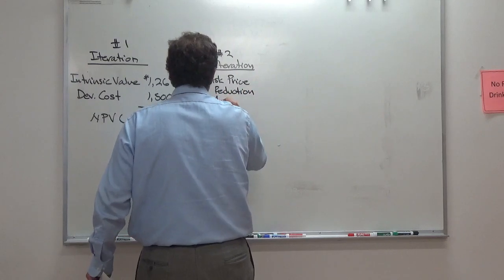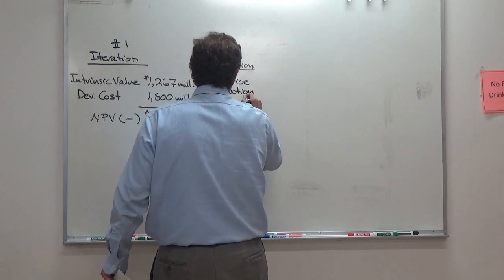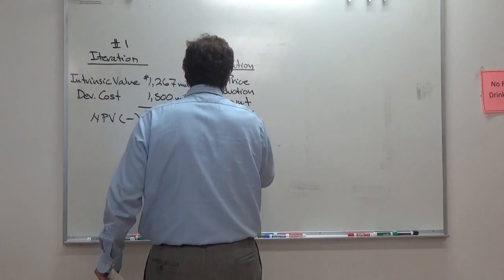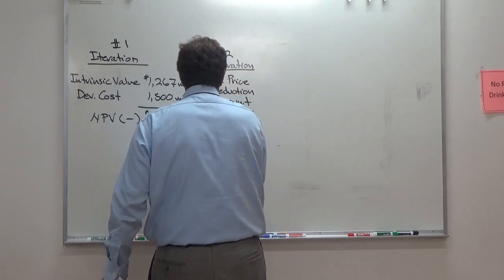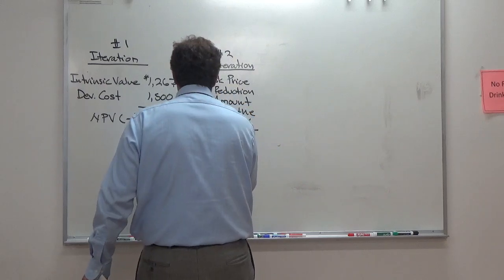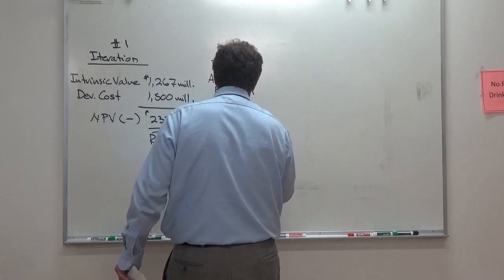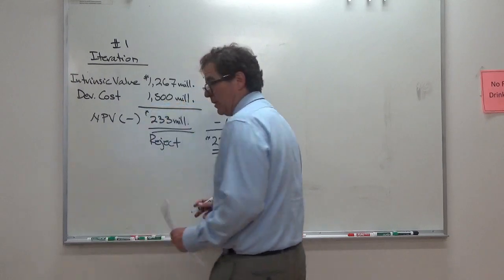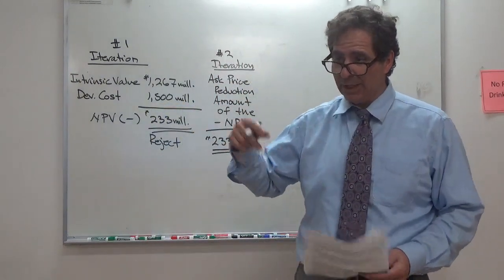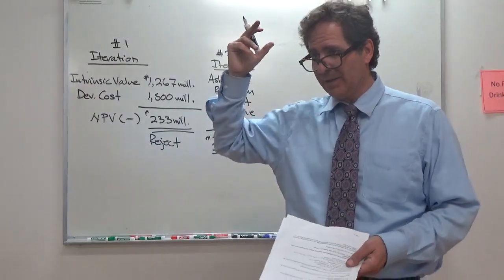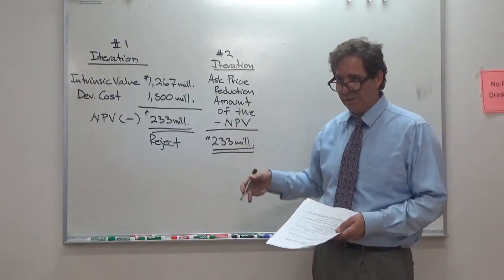in the amount of the negative net present value. If we were acquiring the building, when I put this case study together, Salesforce Tower wasn't done yet, so it was a development, not an acquisition.